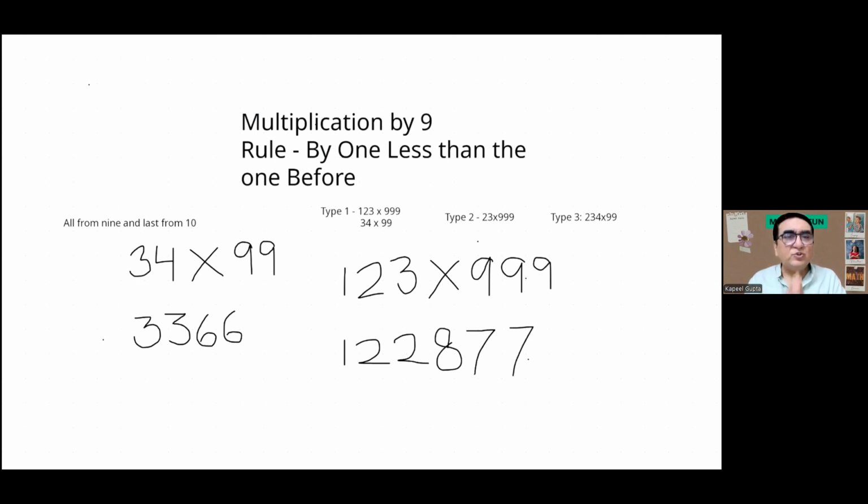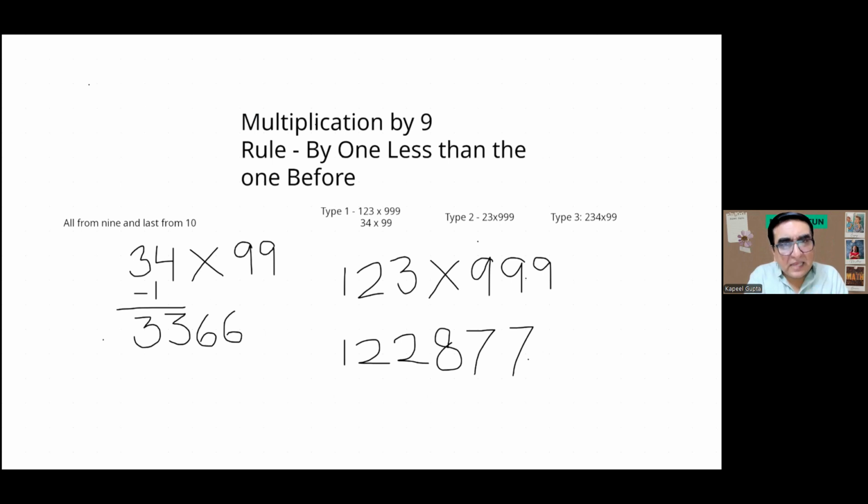Let me explain to you again. 34 multiplied by 99. I subtracted 1 from 34, so 34 minus 1 is 33, and then I found the complement of 34. So complement: 9 minus 3, 6, 10 minus 4, 6.